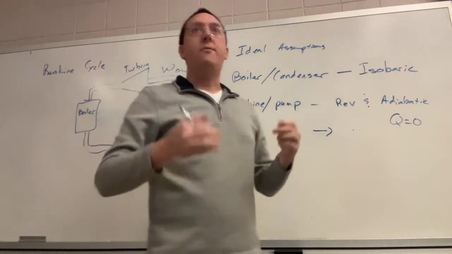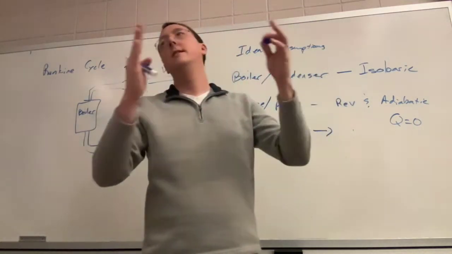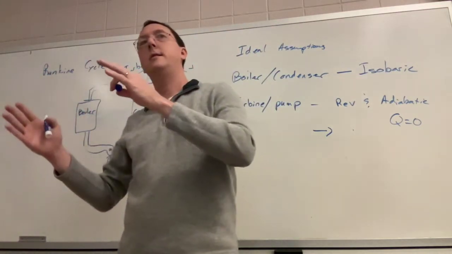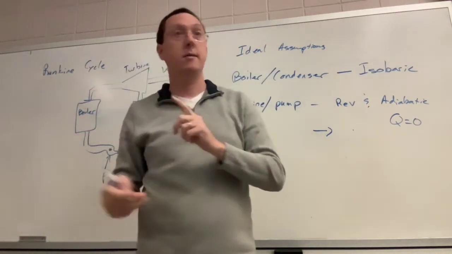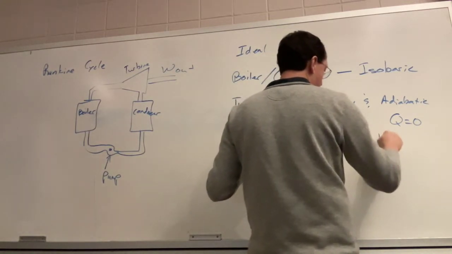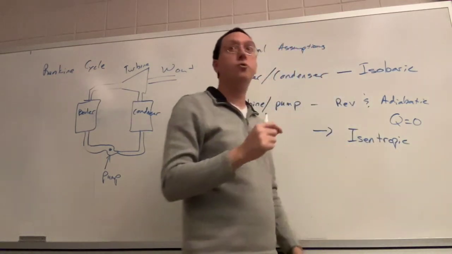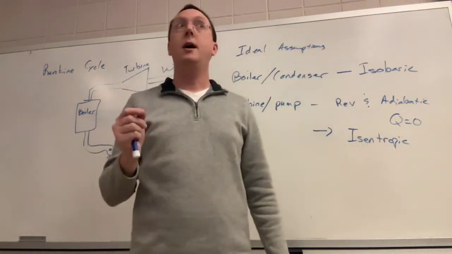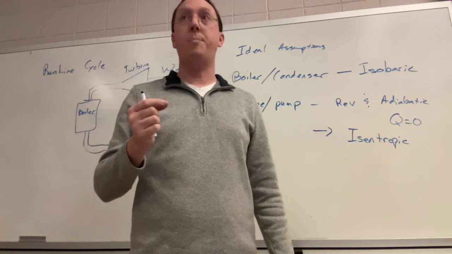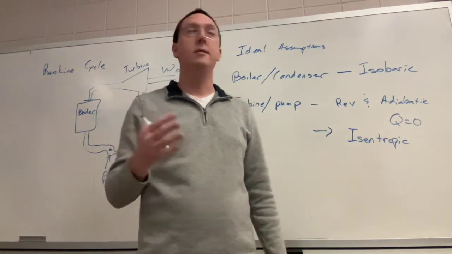If the entropy is constant, we say that it is isentropic. Okay. Isentropic, not isenthalpic. They sound kind of similar.